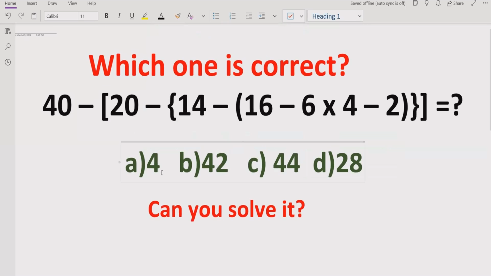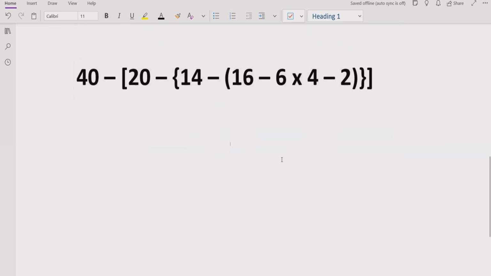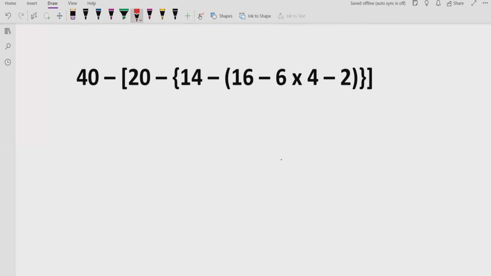Now we have this expression, which has some brackets. We will go left to right in this expression and see which part we solve first.